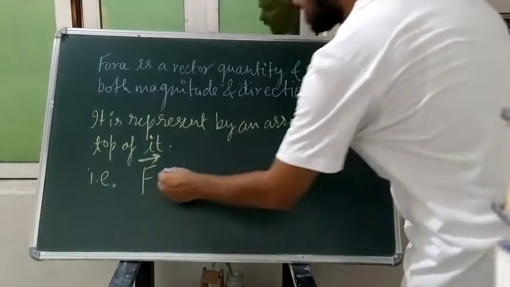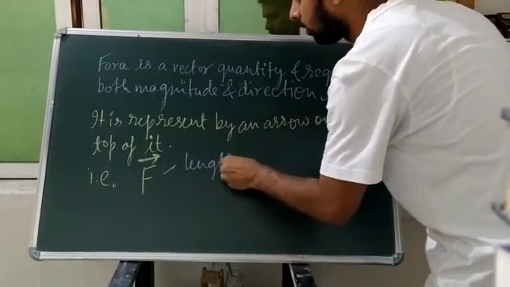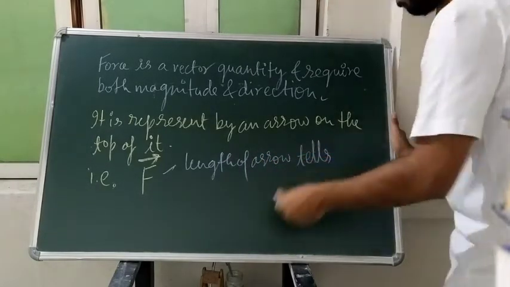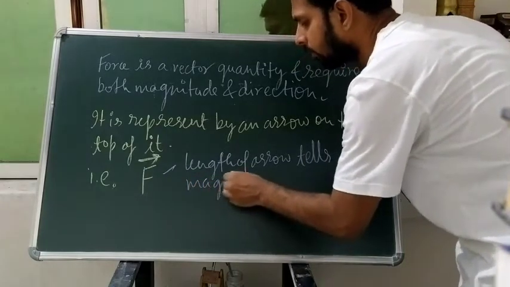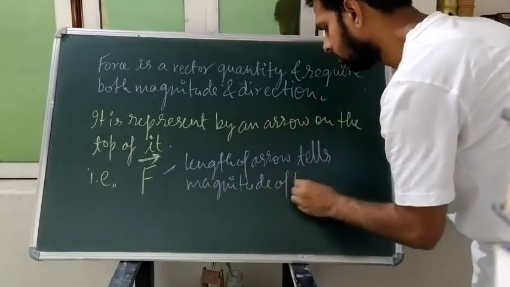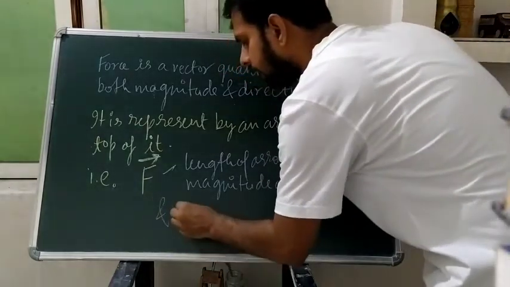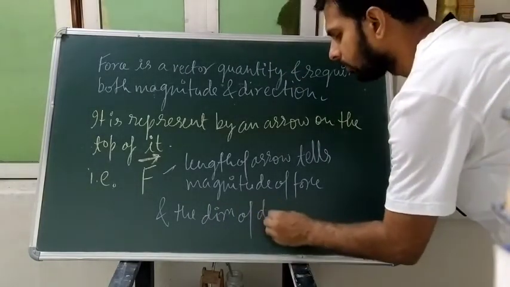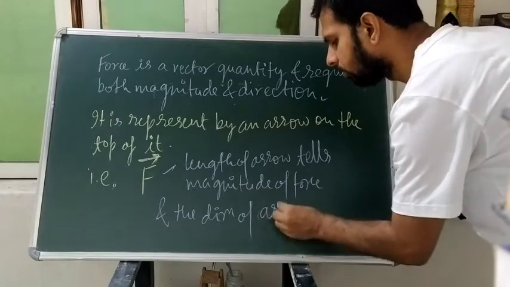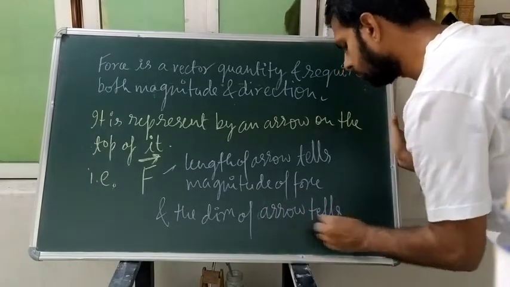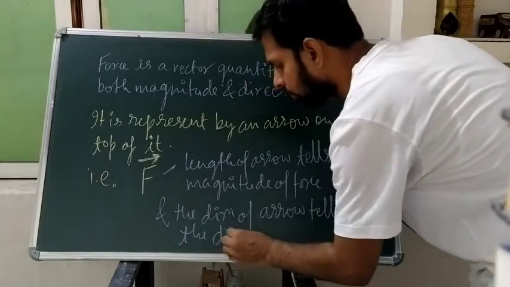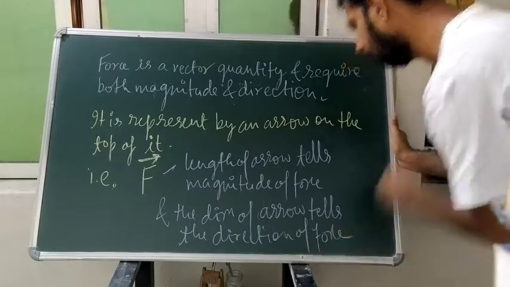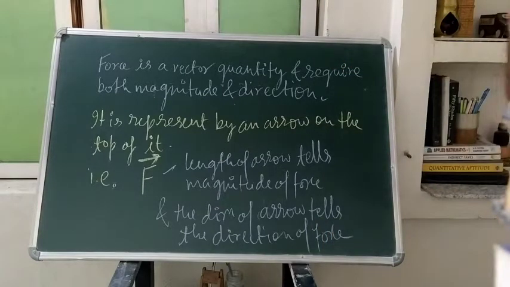The length of the arrow tells the magnitude of force, and the direction of the arrow tells the direction of force.